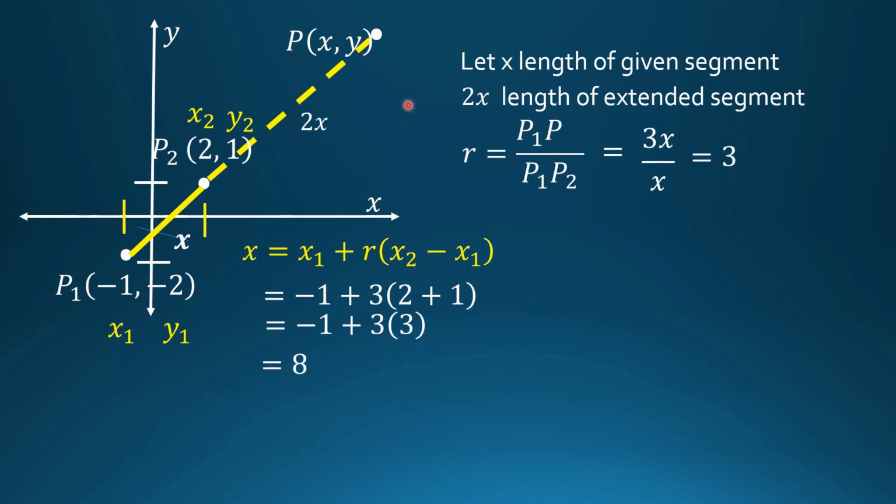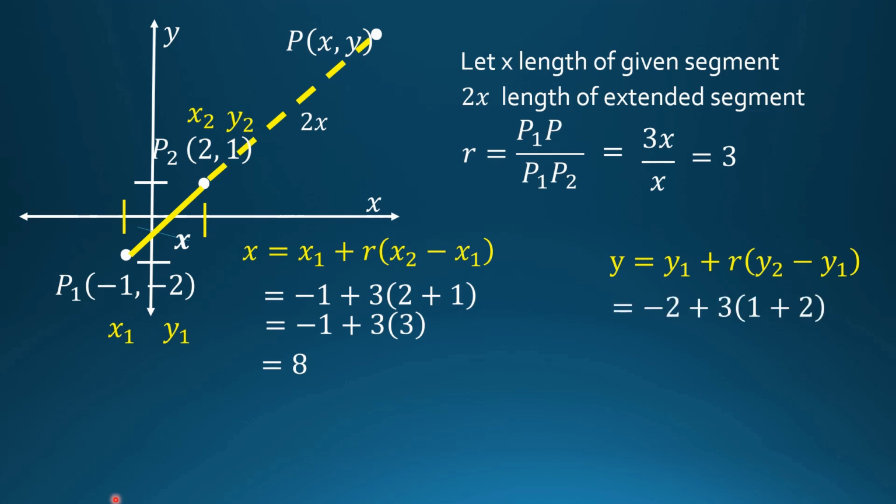To determine the value of Y, or the Y coordinate of point P, we use this formula. Y is equal to y sub 1 plus r times the quantity y sub 2 minus y sub 1, and then we just substitute negative 2 for y sub 1, 3 for r, 1 for y sub 2, and then negative 2 for y sub 1.